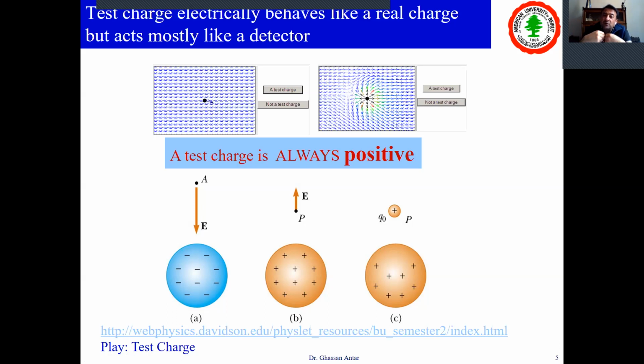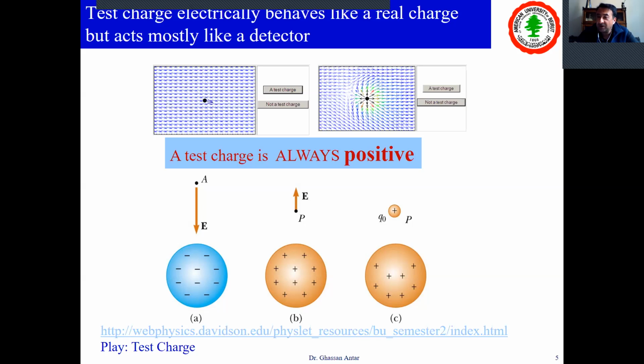But if I just want to measure this electric field without perturbing it, I put in a test charge. This test charge, in the left-hand figure, is so small that it will not affect the surrounding electric field, and consequently I can measure the ambient electric field without perturbing it. Now, follow what happens at points A, B, and C.